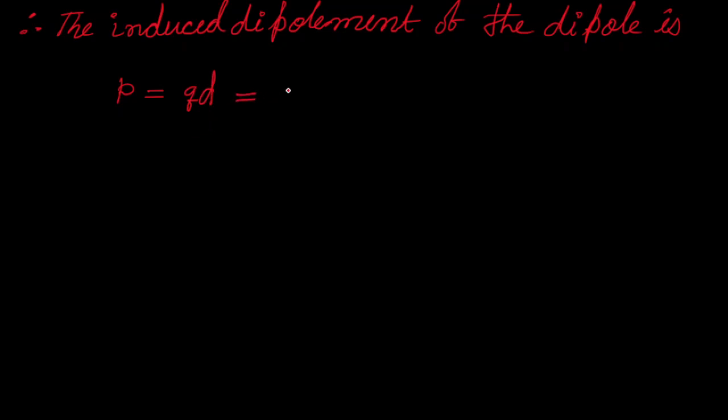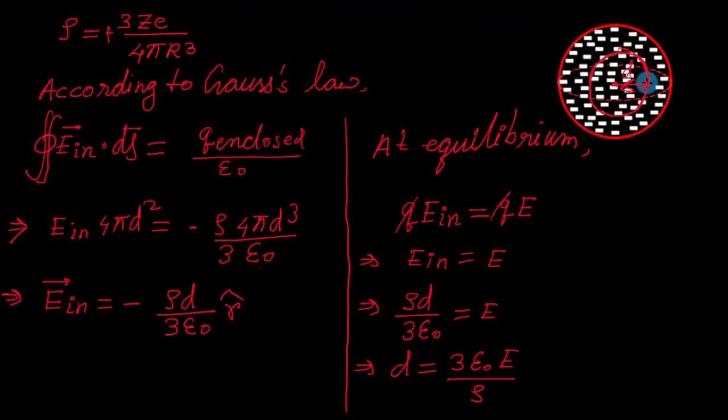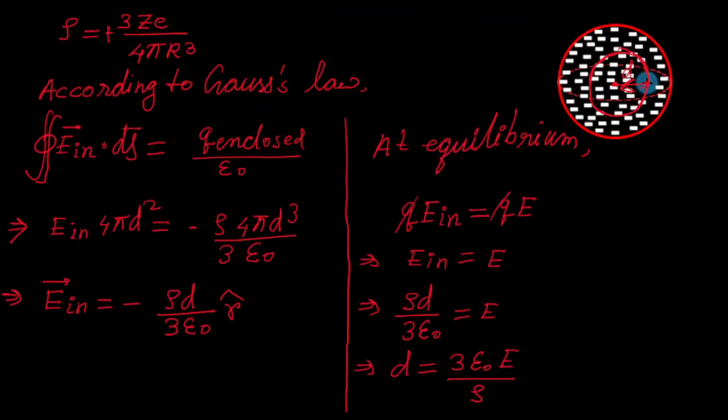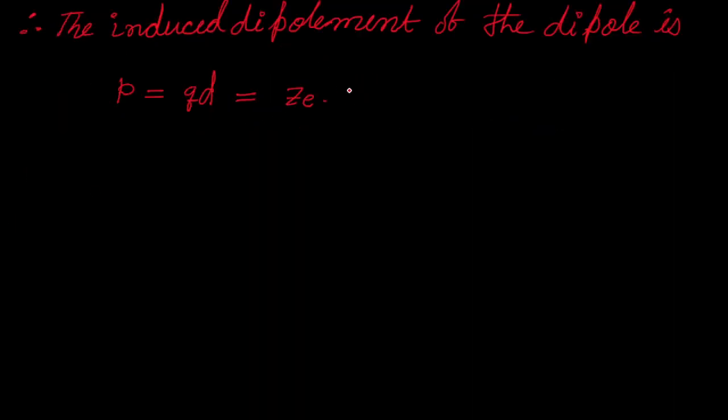So what is Q here? Q is Z into e, and d we have already calculated. So what is d here? d is 3 epsilon naught E divided by rho.